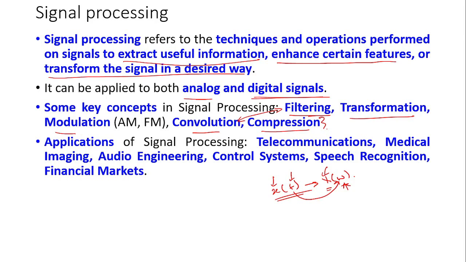Now, if I compress a signal in such a way that when I try to retrieve the information, I am not losing any of the information content I wanted to propagate, then I will say it is a good quality compression.